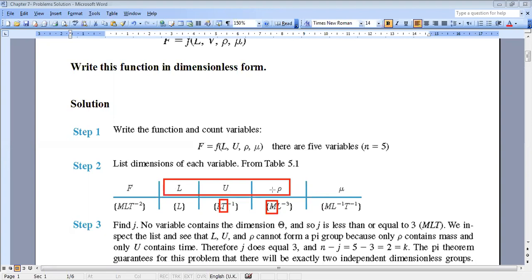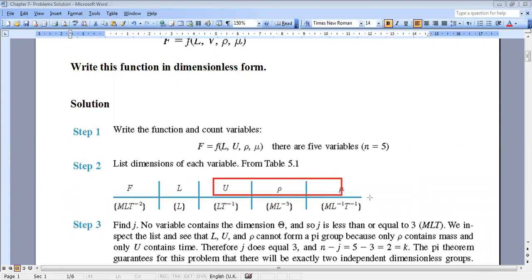cannot form a group. If it's not very clear, if each variable includes a certain dimension that is not present in the others, how can you make sure? For example, let's say I take U, rho, and mu together.